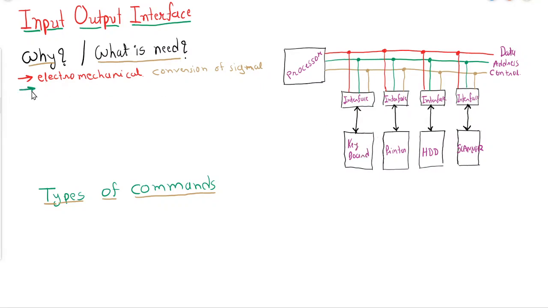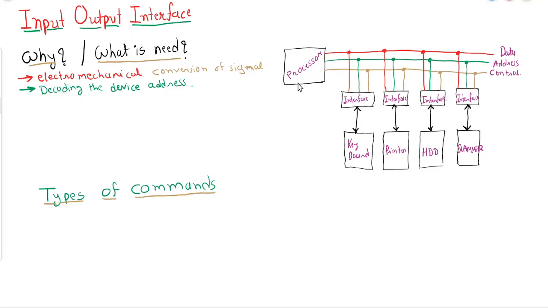The next important feature is that it will also play a key role in decoding the device address. Each device will have its own address, so a device will be identified using its address. In the CPU, a device won't be identified using its number or anything else. Each device will have a unique address.